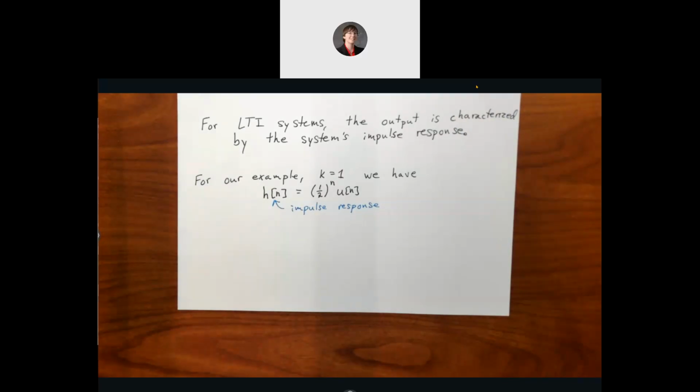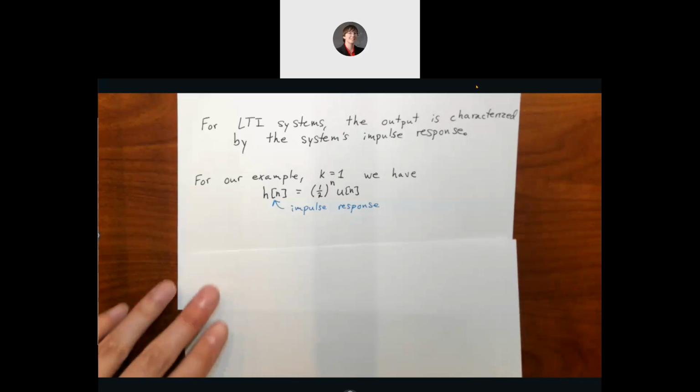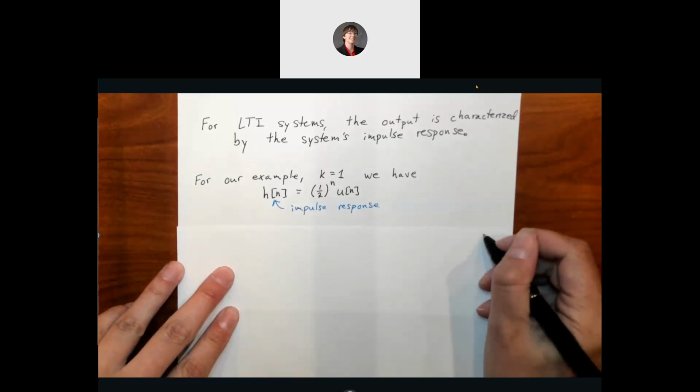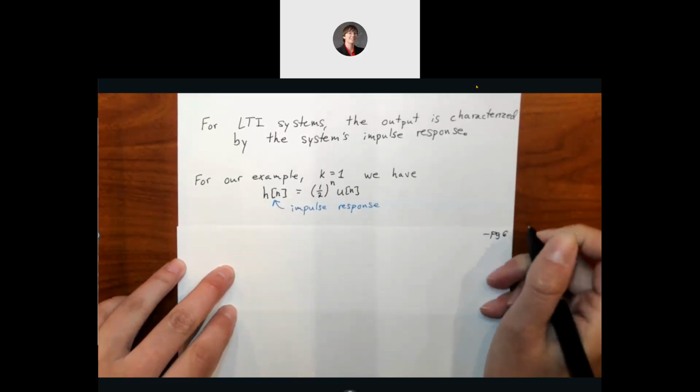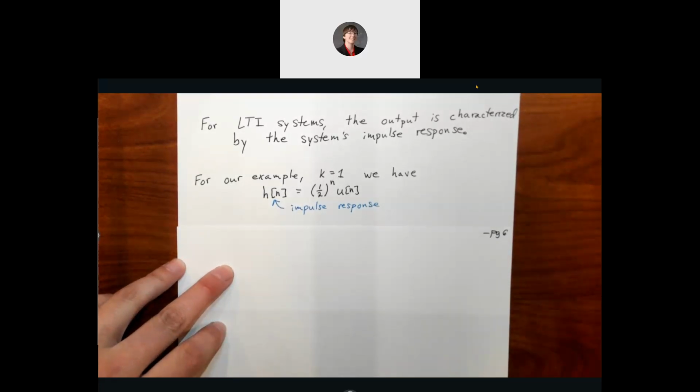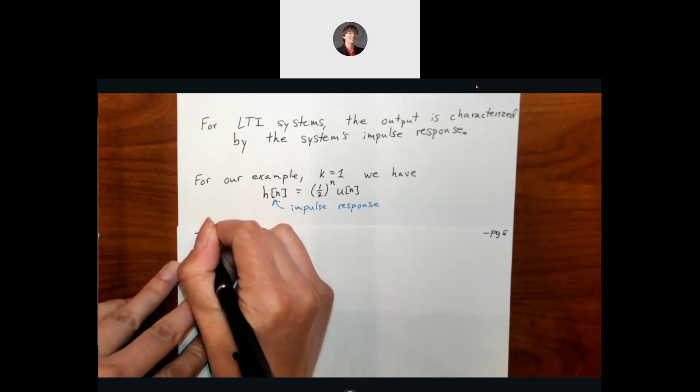So interesting ideas that we have there. And so if you have this impulse response, then what this is going to lead to is the idea of convolution, right?